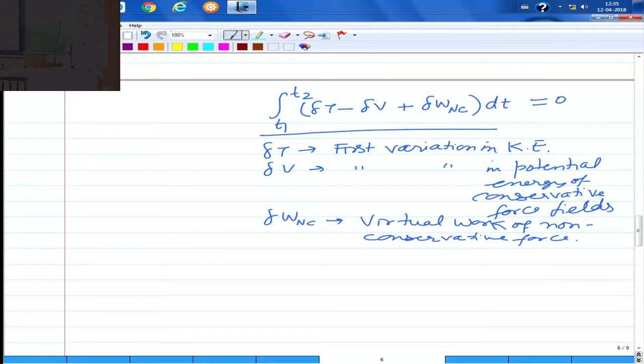Time dependent forces are always referred to as non-conservative forces, although their curl might be a null vector. Conservative force field means you have a force which is a function of only position and its curl is 0, then you call that force field a conservative force field.